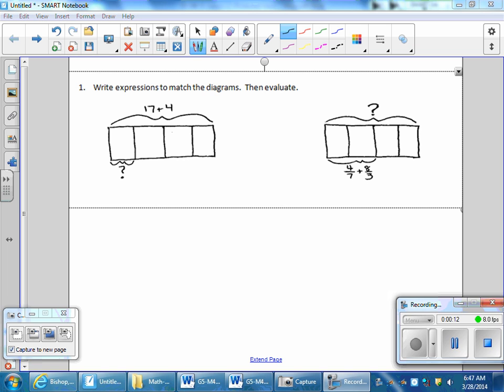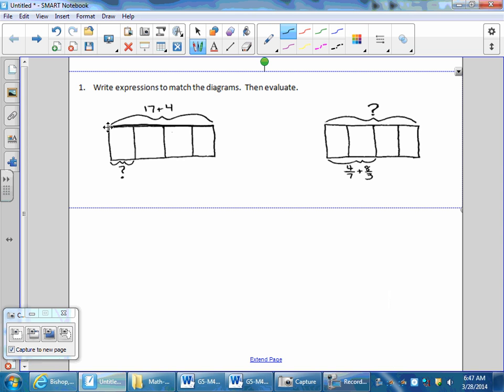So I'm looking at the first tape diagram, and I see that I have an expression for the total. The expression for the total is 17 plus 4. Now, if I put that together right away, I know what my grand total of my entire tape is.